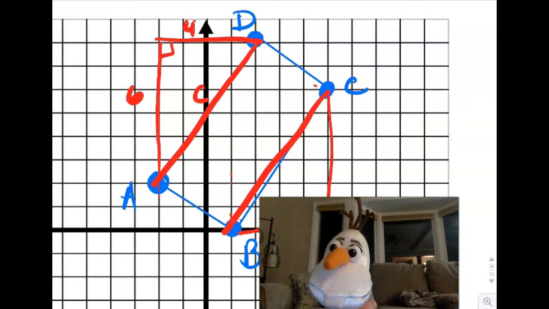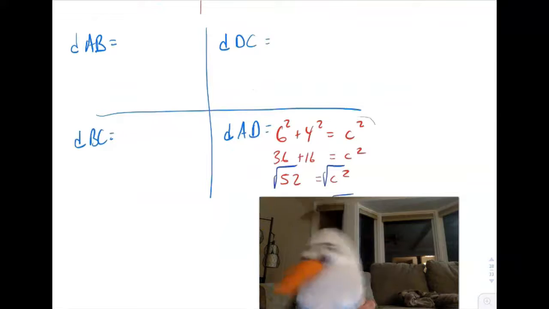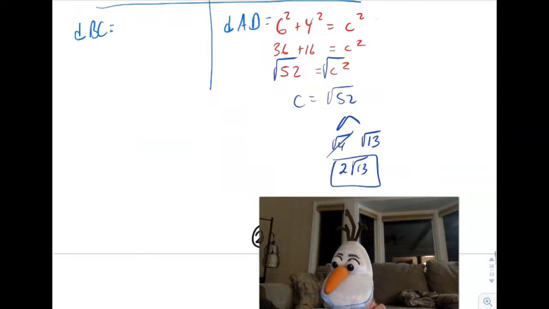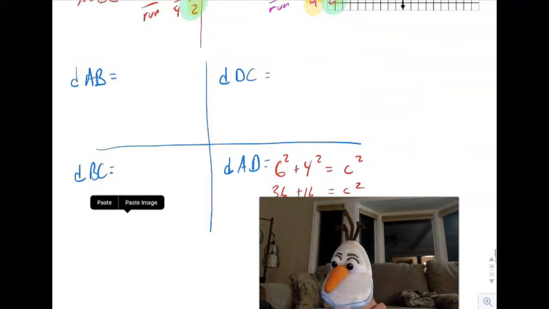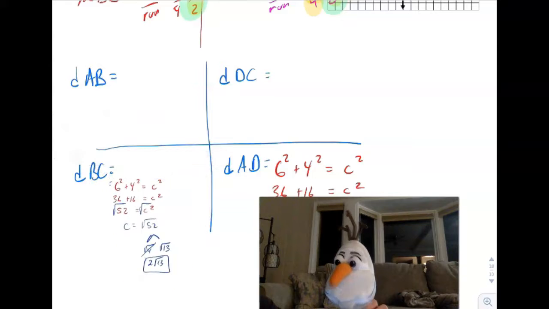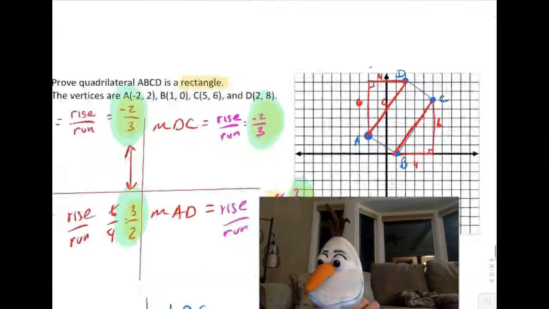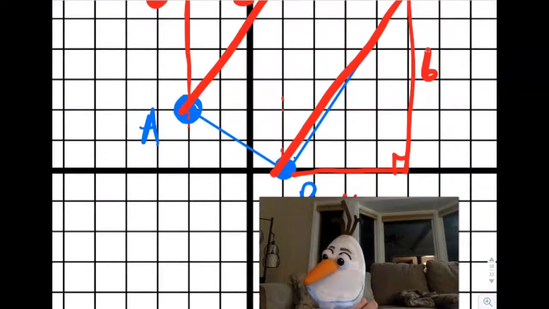It doesn't matter whether you draw it there or there, because it's still going to have sides of 6 and 4, which is going to basically mean you have the exact same work for this one as you do for this one. So AD and BC are both going to be 2 radical 13. AD and BC. Okay, so now the other two, let's try AB.